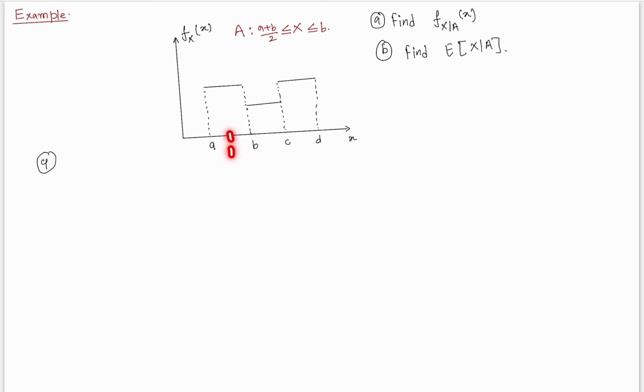So initially our universe was this whole range. Now with this given condition, our universe has shrunk, and this is what we call the conditional universe. Now the random variable can take values only between these two values.